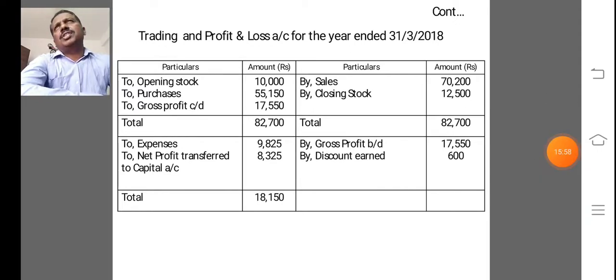So next we prepare trading and profit and loss account for the year ended 31/3/2018. Come to the debit side. First we debit opening stock 10,000.